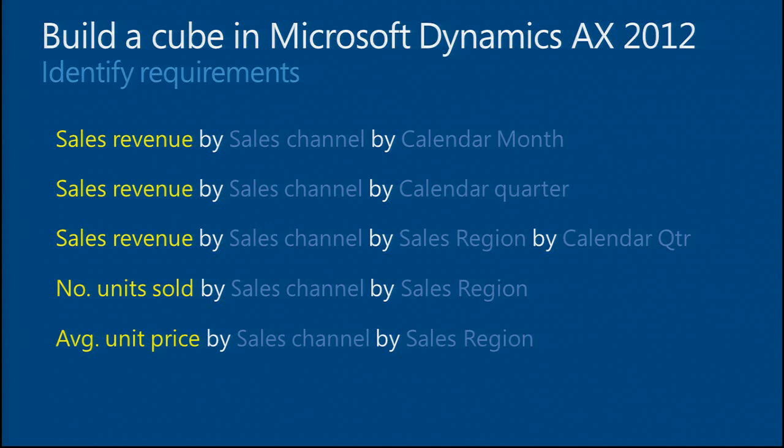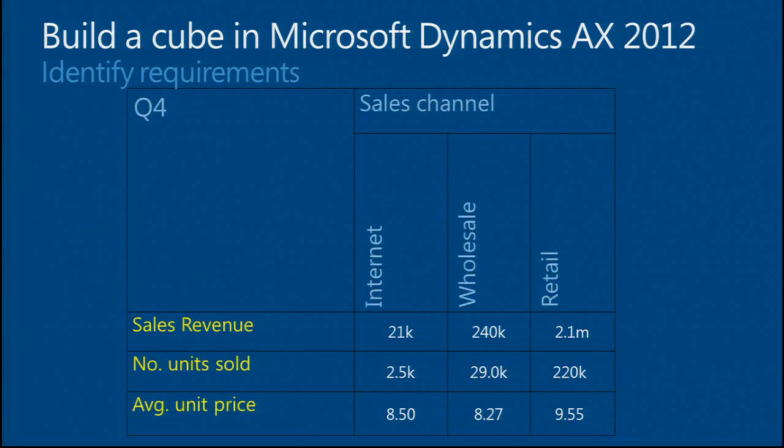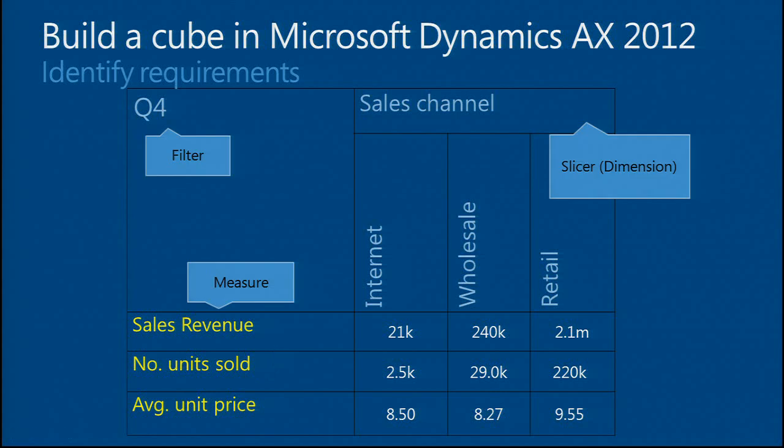Now, the way to approach building a cube is to sum it up like a pivot table. The only thing I've done here is I had the same questions, but I've shown it like a pivot table. So I have all the things I need to report on, or the measures, in rows.